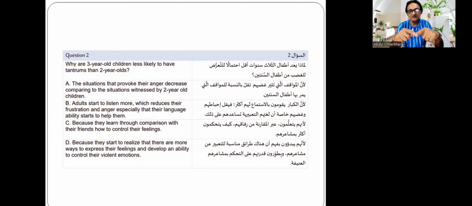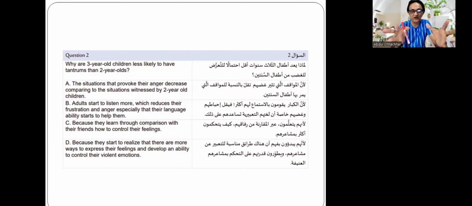Now, why are 3 years old children less likely to have a tantrum than 2 years old? The tantrum is anger or frustration. The question is why 3 years old children are less likely. So that means the 2 year old child is younger than the 3 year old.